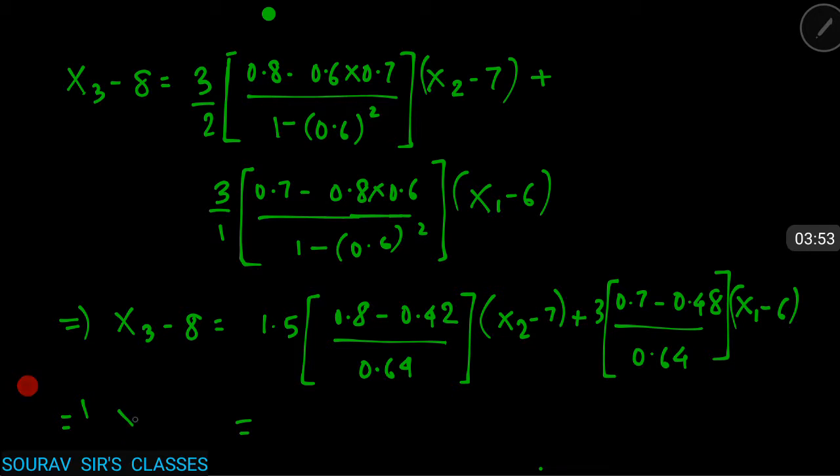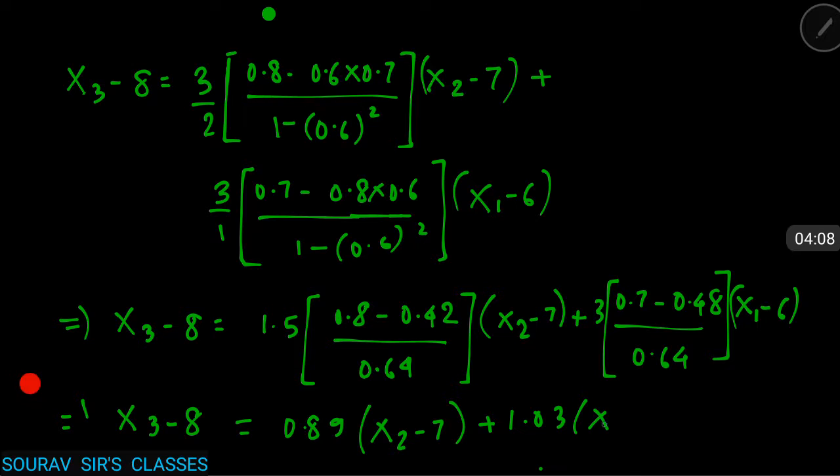This implies x3 minus 8 is equal to 0.89 x2 minus 7 plus 1.03 x1 minus 6.